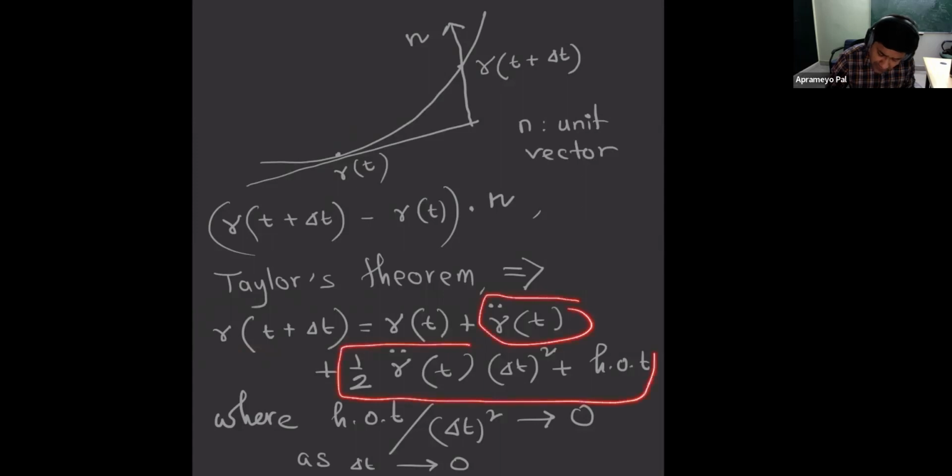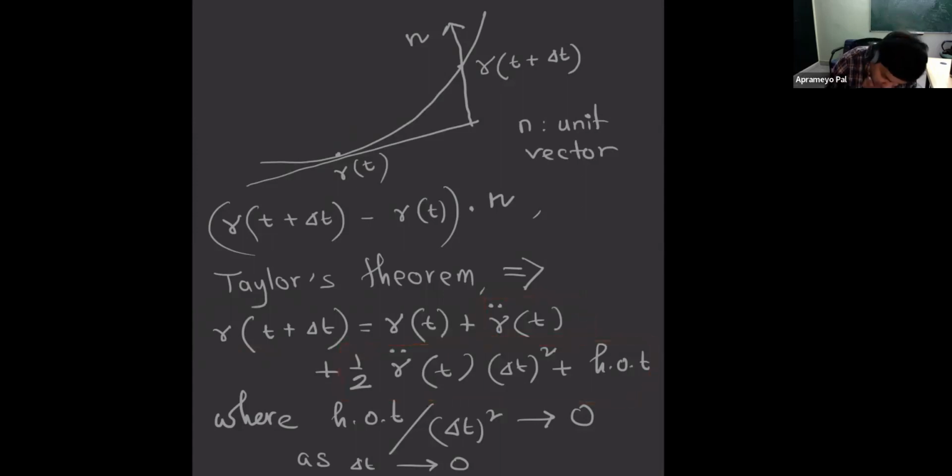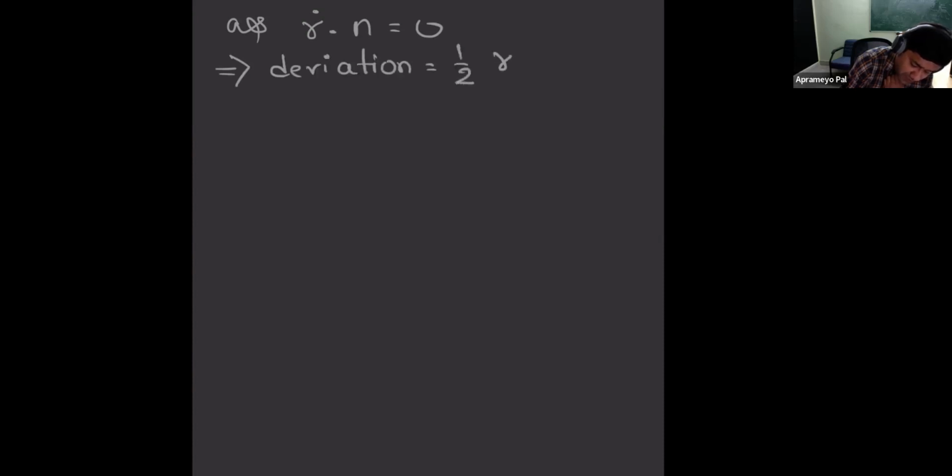Now, since n is a unit vector, this is perpendicular, so this implies the deviation should be half gamma''(t) dot n delta t squared plus some higher order terms.